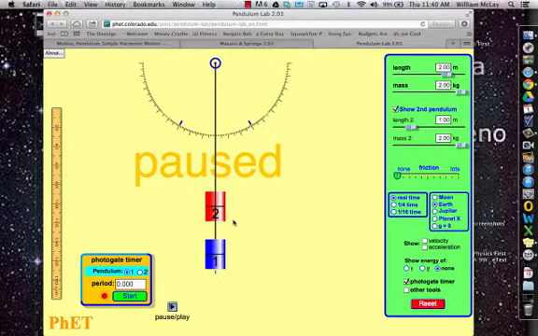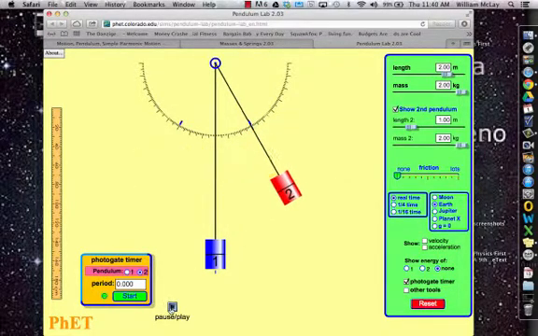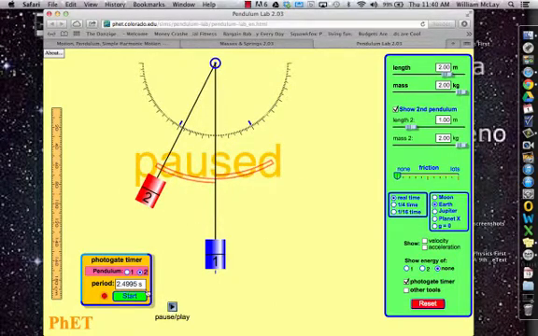Now, the other one that has the same mass but is on a different string, I'll also pull back, and we'll let that go. 2.49 seconds, 2.5 seconds. So the one on the shorter string had a shorter period, even though they had the exact same mass.